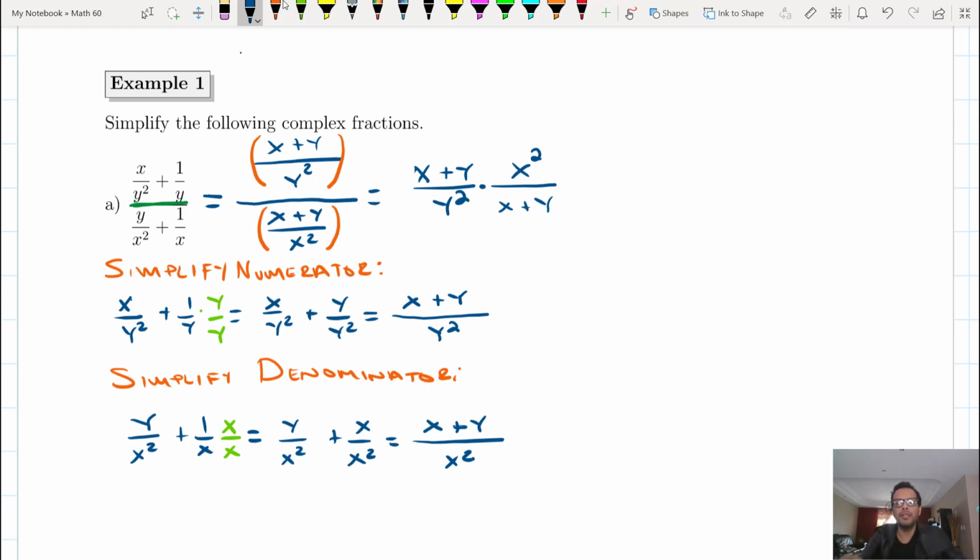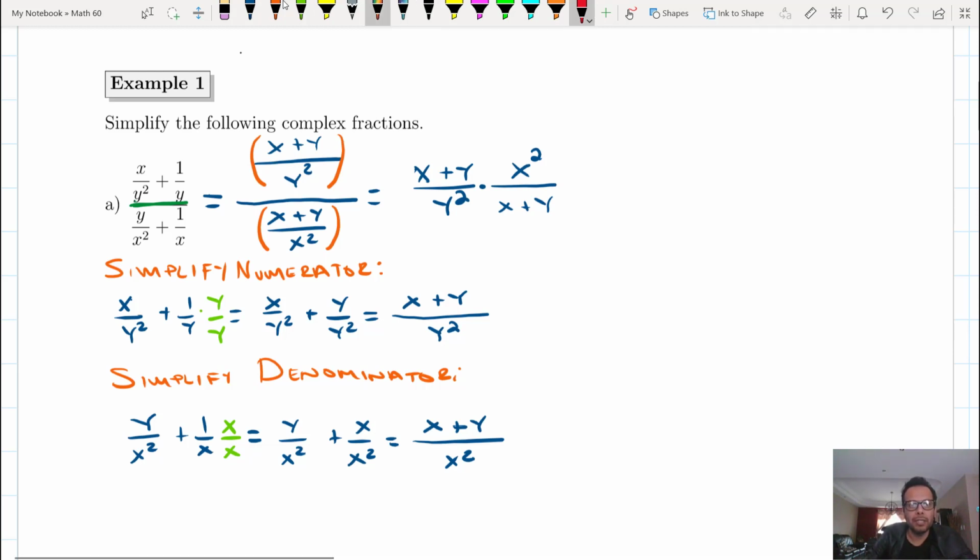Okay, so at this point, this takes us back to an exercise from section 6.1, which is simplifying or multiplying rational expressions. What do I mean by that? Well, we are going to observe what we have here so far, right? And we're going to look whether we have common factors to divide out.